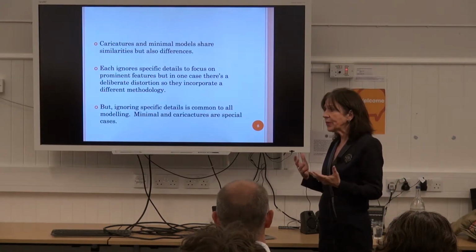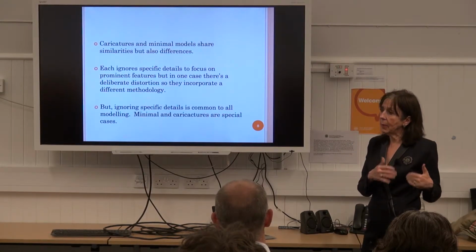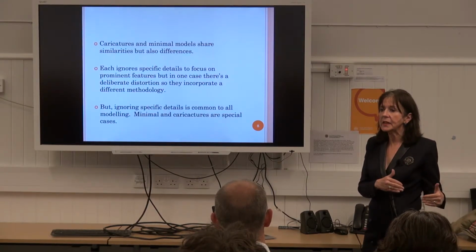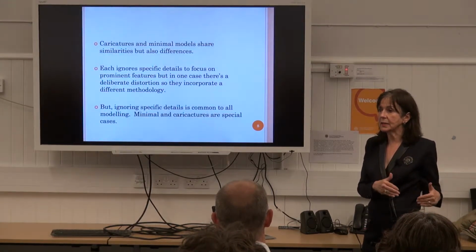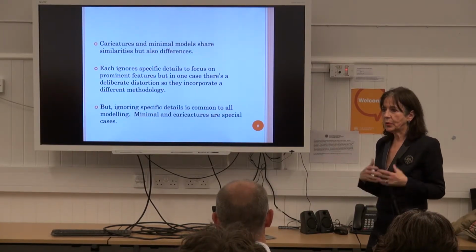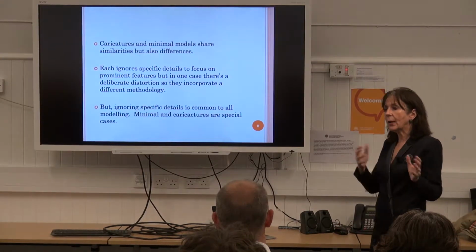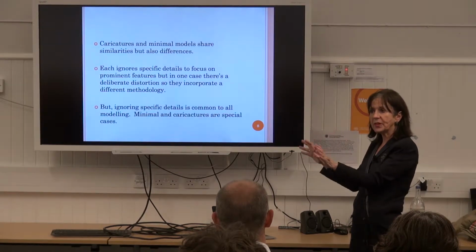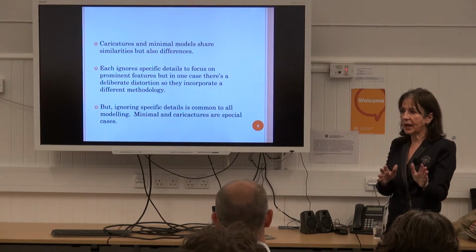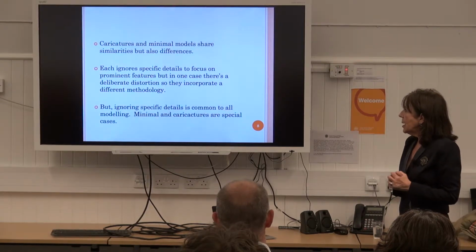But at the same time, with the minimal models, the ignoring of the micro interactions is done because it's simply not relevant, and because it makes calculation of things like critical points impossible. You just get the wrong answers. So there is a difference between saying, I'm just going to ignore this and see what happens when I use this kind of caricature, or I'm going to ignore this because it's not relevant and it inhibits calculation.